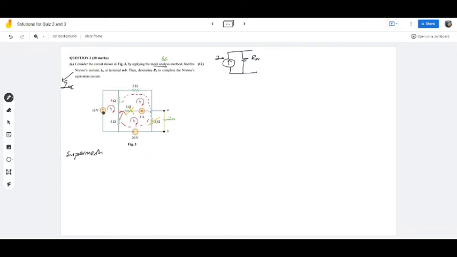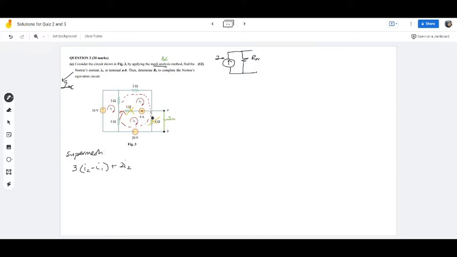So I'm going to start with 3. Let me put 3(I2 minus I1). I'm up here now, plus 2 I2.